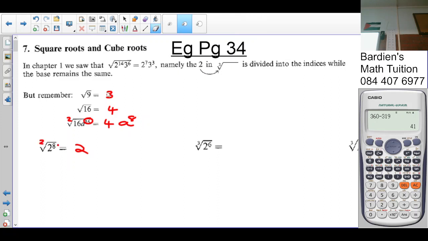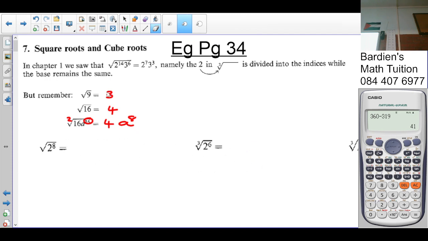So what is 8 divided by 2? 4. You all okay with that? Let's look at the next one. It will be 6 divided by 3. And 6 divided by 3 is 2. You all agree with that? Any confusion? No?